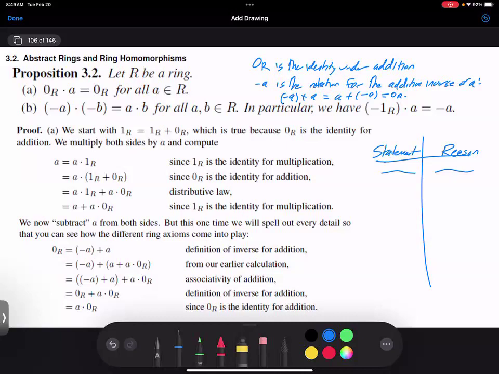Yes or no? 0 and 1, different. They do the same thing, but under different operations. They're defined in very different ways. 1 sub R is defined as the identity under multiplication. 0 sub R is defined as the identity under addition.